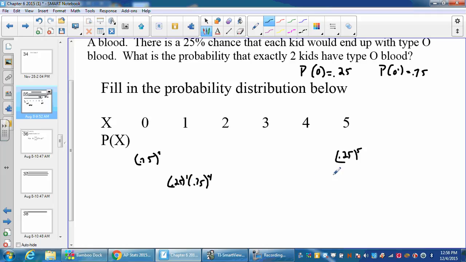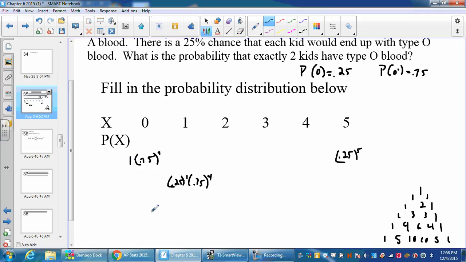Now, if we use Pascal's triangle to figure out how many ways, we could work our way down to the 5th row and get 1, 5, 10, 10, 5, and 1 for all those values. So we did a 1 times the first one.